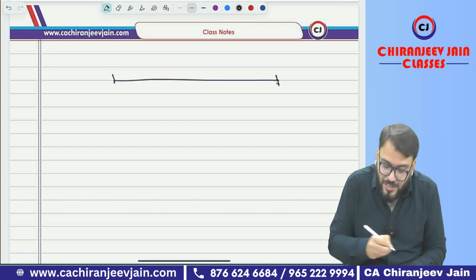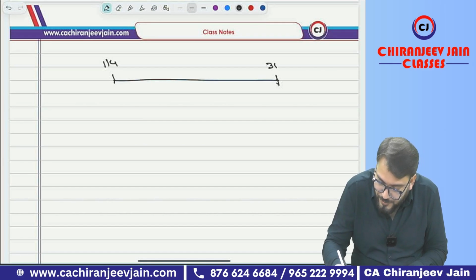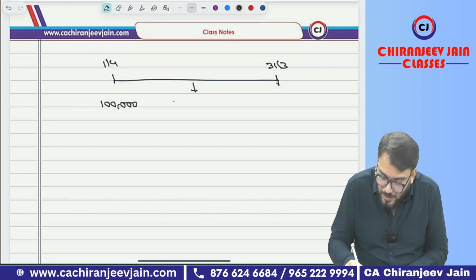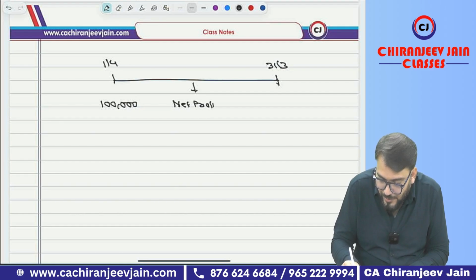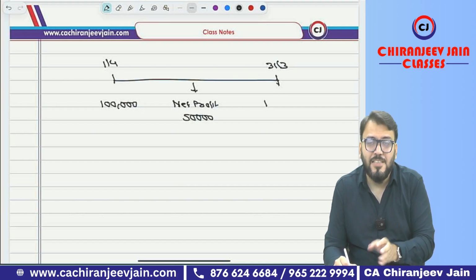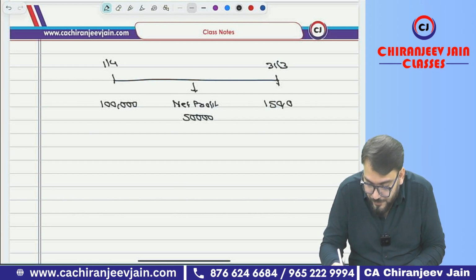Suppose this is the last year, from 1st April to 31st March. 1 lakh is the opening capital, and the net profit earned during the year is 50,000. Suppose there is no drawing. Closing will become 1,50,000.